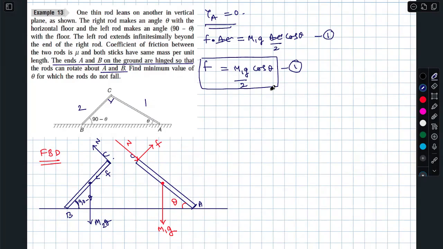Next, similarly, torque about B is equal to 0. For B, F is of no use, because it is passing through B. In this case, N times BC is equal to m2g by 2 times sin theta, because this is 90 minus theta, into BC.